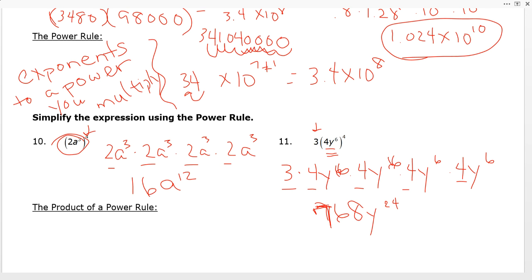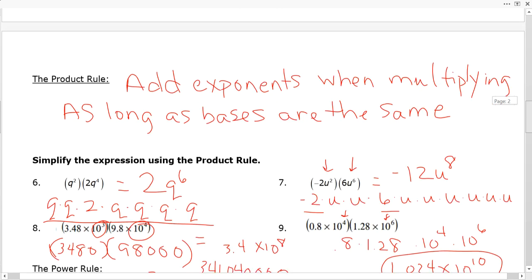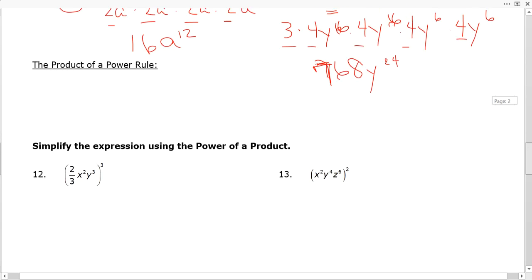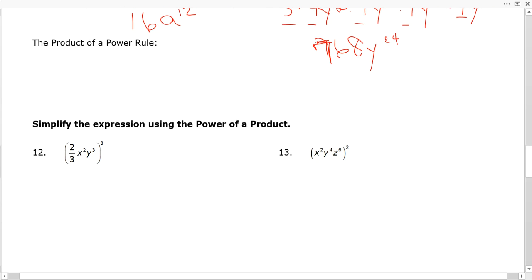Okay. So the product of the power is the same thing we were just doing, except we have multiple variables, but we're still doing the same thing. So the product of the power means that basically what we're doing is we're taking our exponent and we're distributing, if you want to think of it that way.